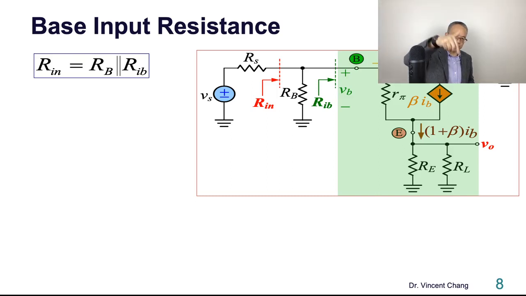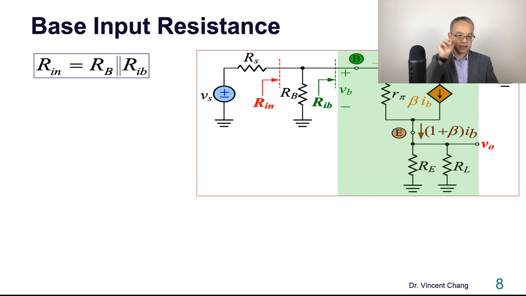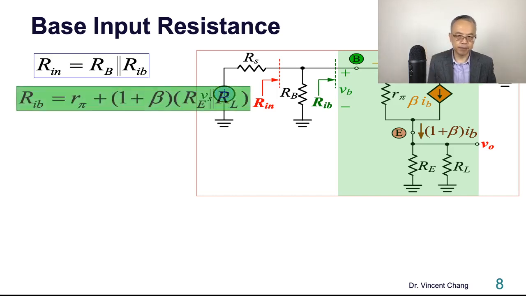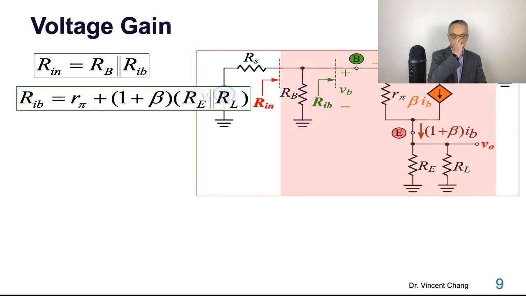The current flowing through R pi is IB, but the current going through the second component is the first component's current multiplied by (1 plus beta). So we need to reflect the difference between these two currents. So here's the answer: R pi plus the parallel combination of RE and RL multiplied by (1 plus beta).